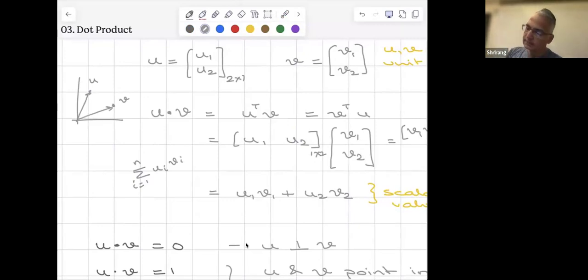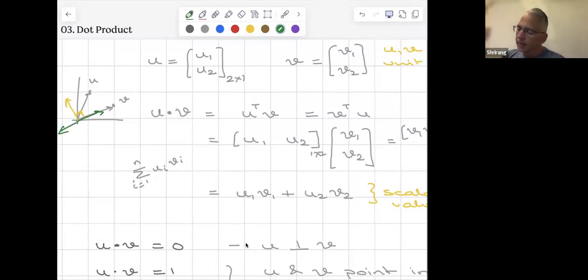If U dot V is 0, that only happens when my vectors are perpendicular to each other. So if they are at right angles, their dot product is going to be 0. If their dot product is 1 or -1, it means that they are pointing in the same direction. So 1 would be, this is V and this is U. -1 would be it's pointing in the opposite direction, right?